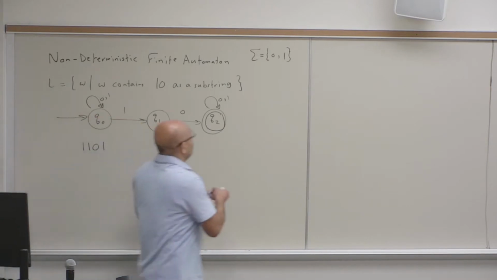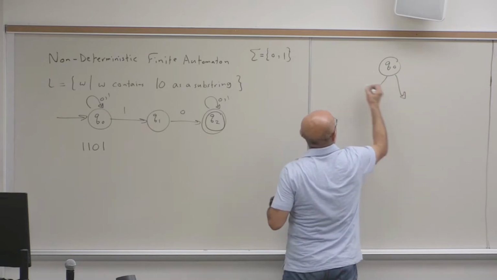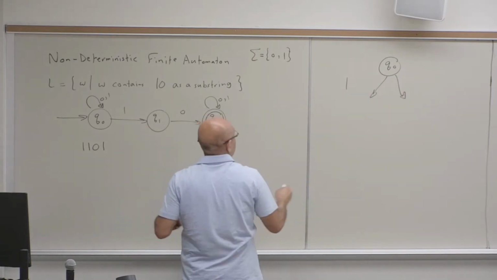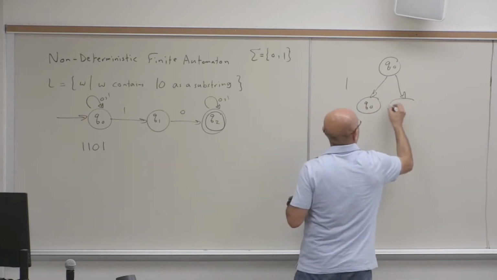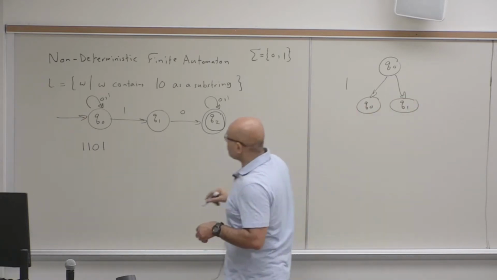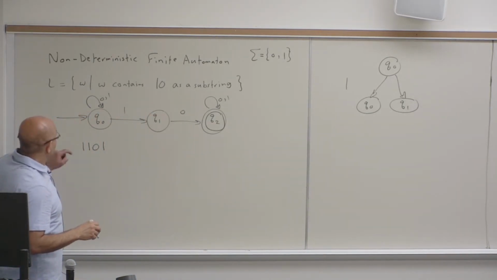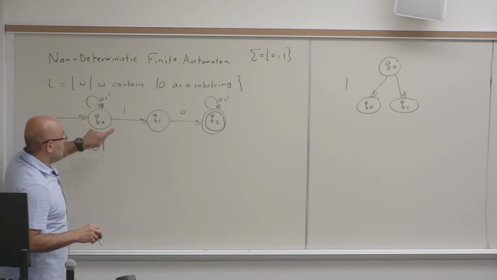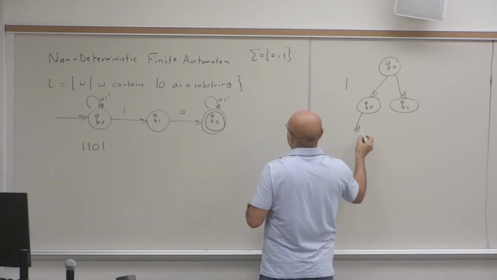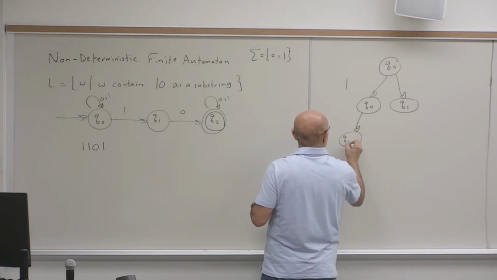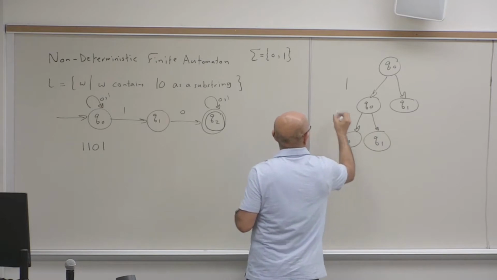If I take this option it's going to dead end. It's like here, you are in Q0, and on a 1, you have two options, either staying in Q0 or going to Q1. Now with the second 1, if I am in Q0, I have the options of staying in Q0 or going to Q1.